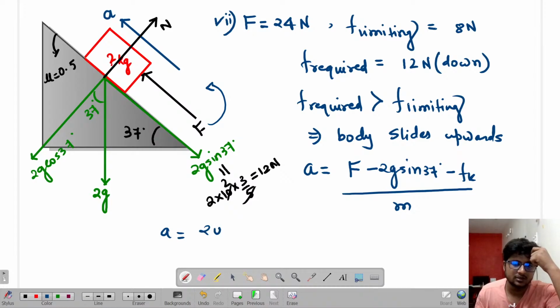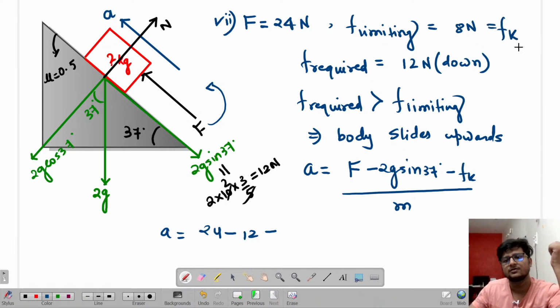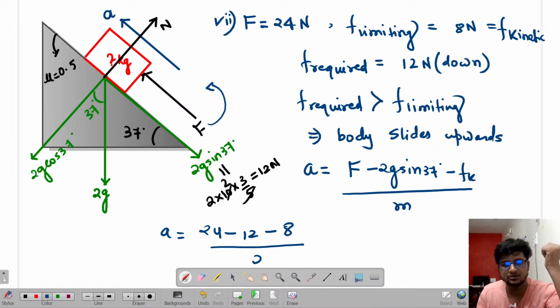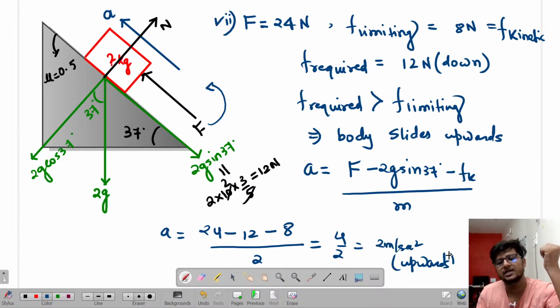So A will be 24 minus 12, and kinetic friction is equal to limiting if mu s is equal to mu k, so minus 8, divided by mass 2 kg. How much is that? 4 by 2, which is 2 meter per second square, and in which direction? Upward direction.